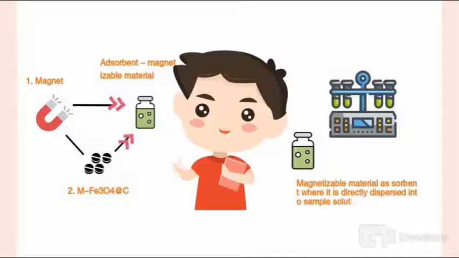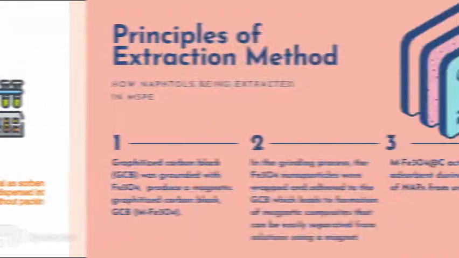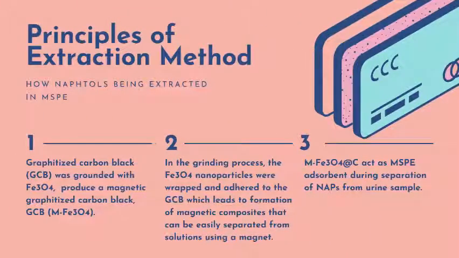sorbent into a cartridge. The principle of the extraction method in MSPE is as follows: in this study, the graphitized carbon black was ground with iron oxide, a magnetic nanoparticle, in order to produce a magnetic graphitized carbon black.